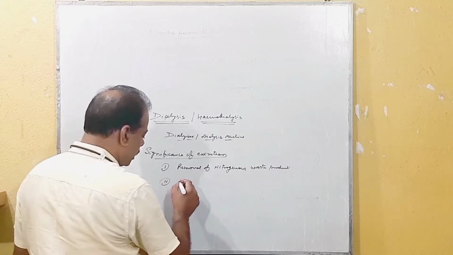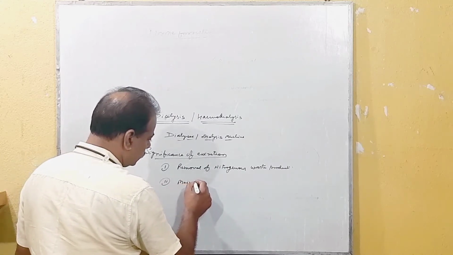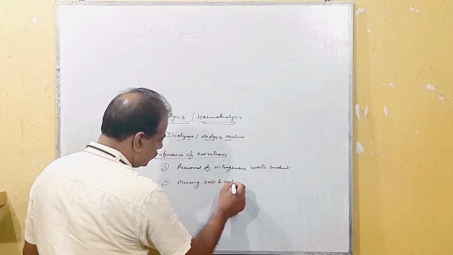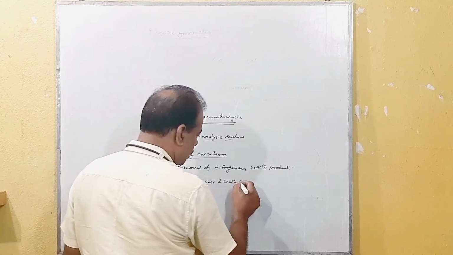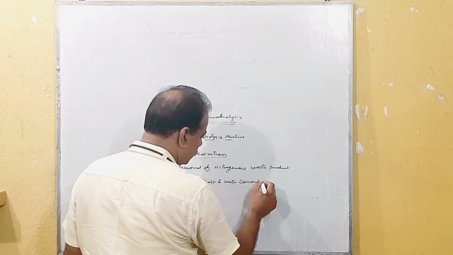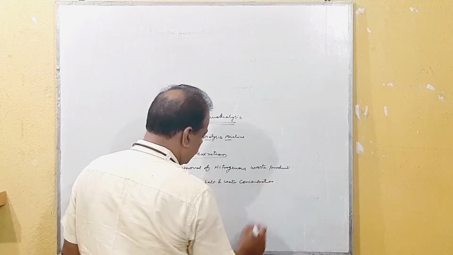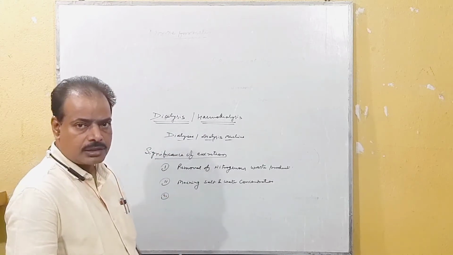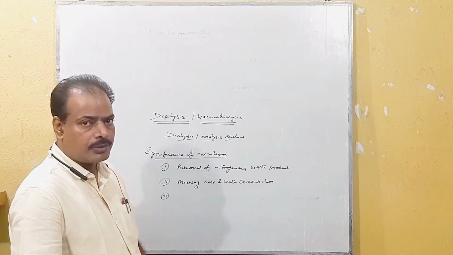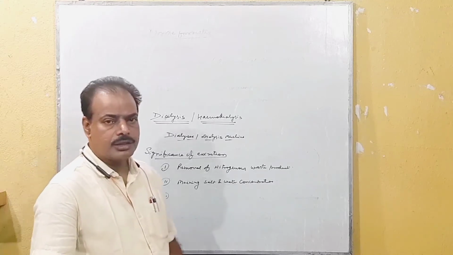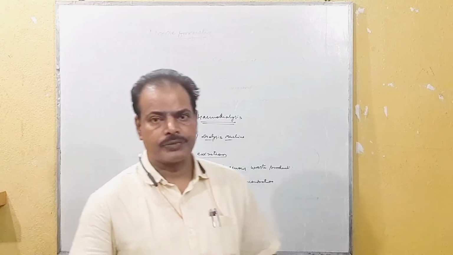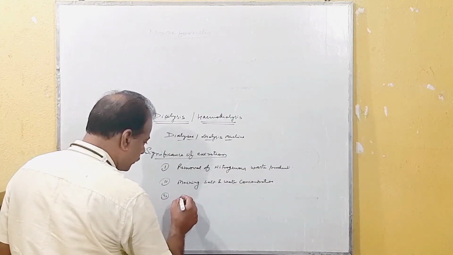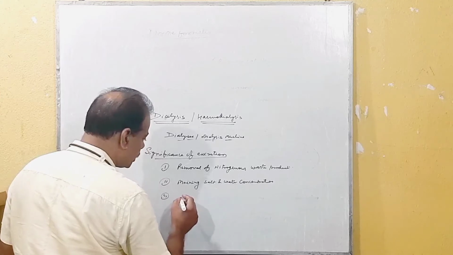It also helps in maintaining salt and water concentration in the body. And third, it helps in balancing the internal environment of the body while it is dealing with the changes taking place in the external environment. So this is known as homeostasis.